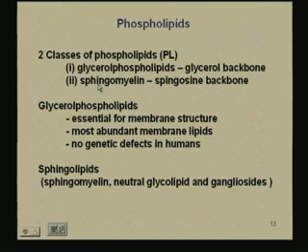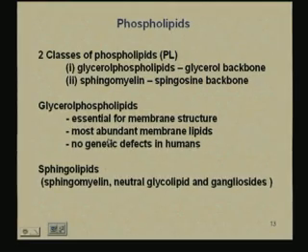We have sphingomyelin that forms from a sphingosine backbone, and each of these will form a lot of the membrane, and these phospholipids are usually referred to as PL.